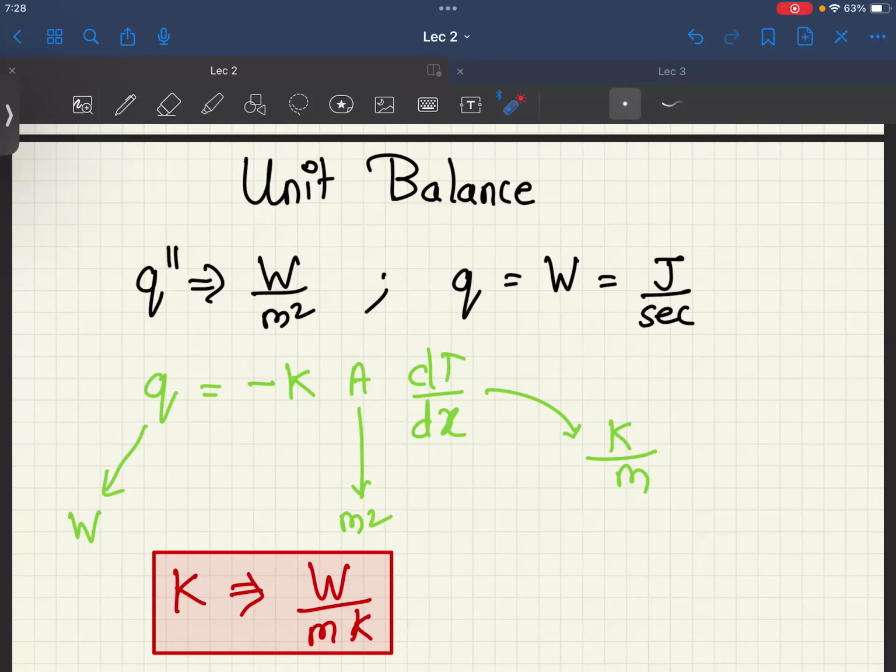ठीक है, so flux का यूनिट क्या रहेगा? एनर्जी पर यूनिट एरिया, और एनर्जी क्या रहेगा? जूल पर सेकंड, वाट मतलब जूल पर सेकंड. ठीक है. The unit of q prime, q double prime, that is nothing but flux, is going to be watts per meter square.